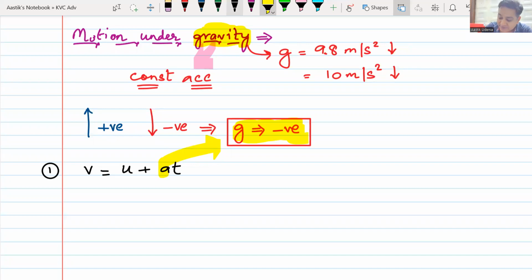That's it. What will be the second equation of motion? The first equation is V is equal to U plus AT. Nothing has changed. Instead of A, G has come. That's all. What will be the second equation of motion? Yes, that will be a revision of our equations of motion as well. Tell me, second equation of motion.